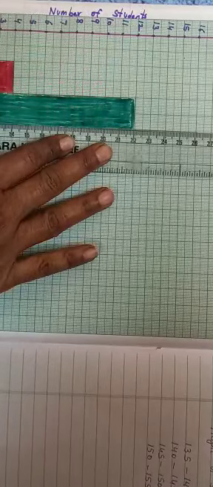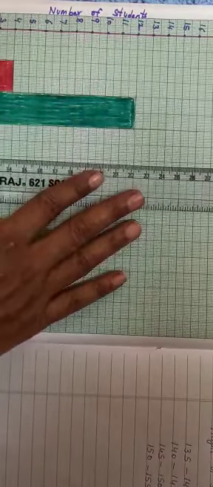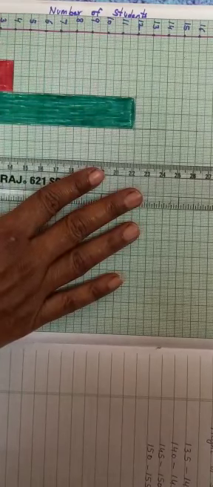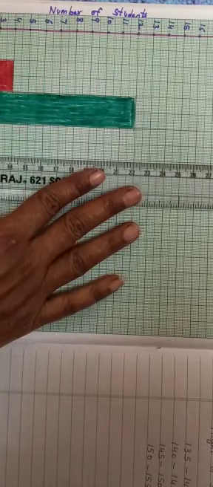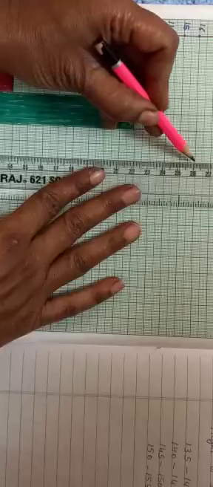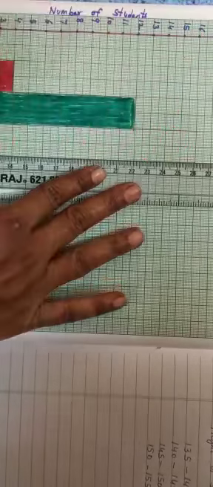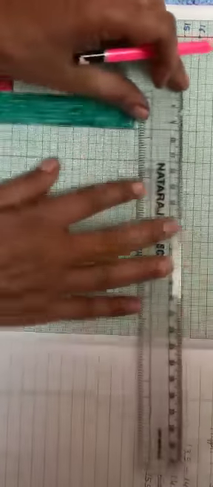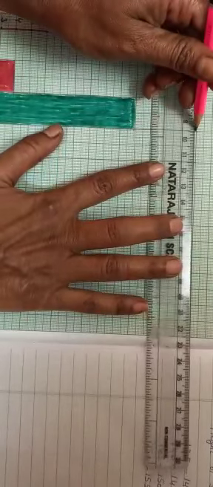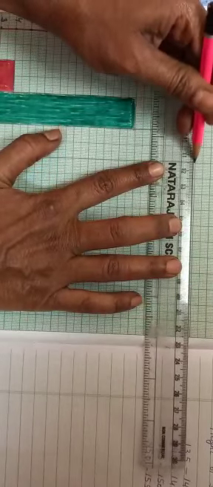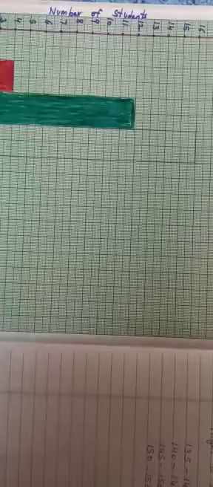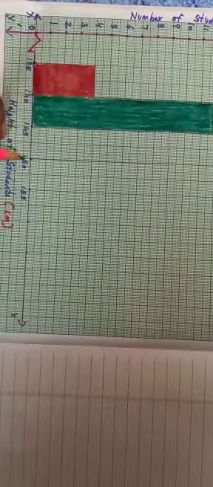Like this we have to draw the rectangle. This way we have drawn the rectangle 145 to 150. Now we can color it, whatever color of your choice you can use.